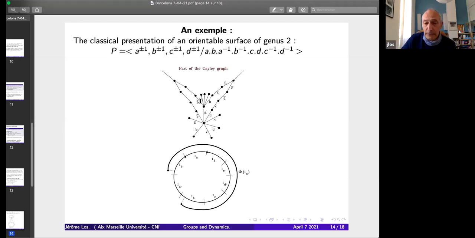So if you look at this picture, you see that you can have anything from B inverse up to B, which means that the image of the interval is an interval that starts here in the interval IB inverse, and ends here in the interval IB. So as you can see, this is very expanding as a map.